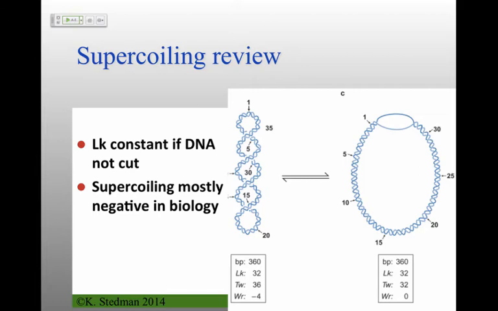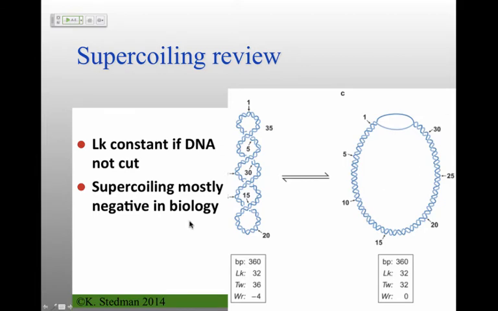Why do you need to untwist DNA? Replication, transcription, anytime you really have to have those hydrogen bonds available. So negative supercoiling is extremely useful, and of course that's what we mostly have in biology.